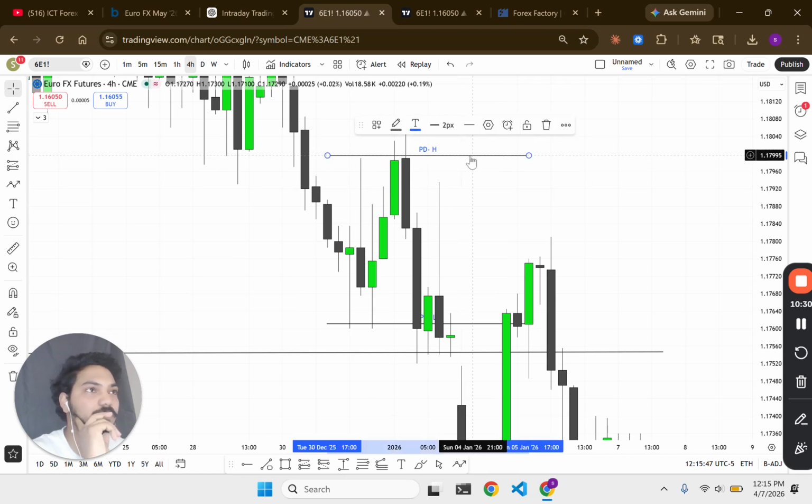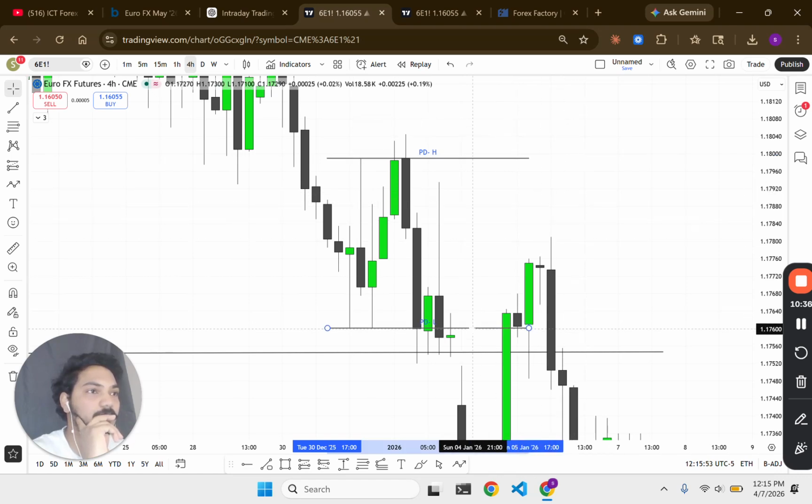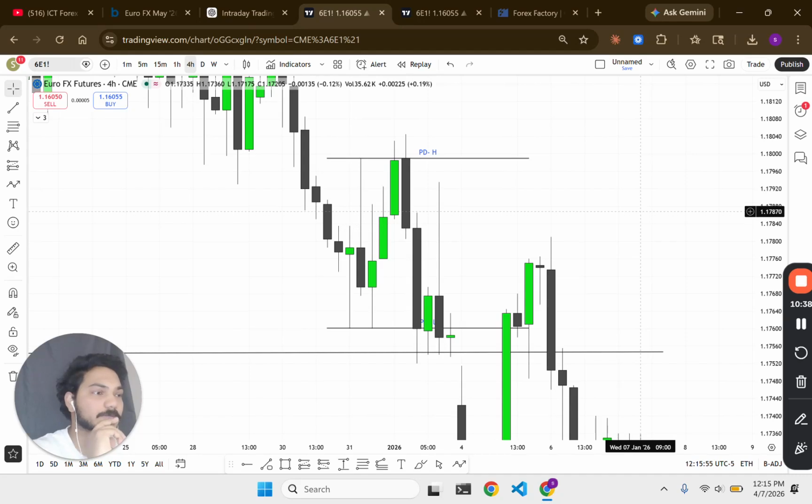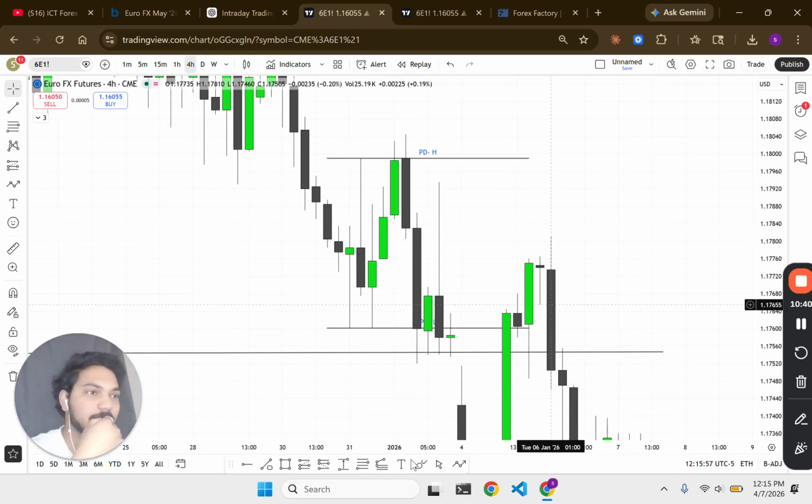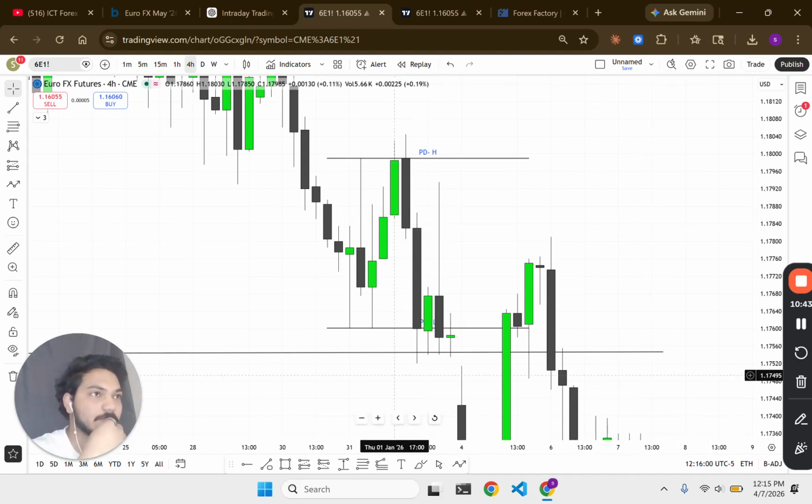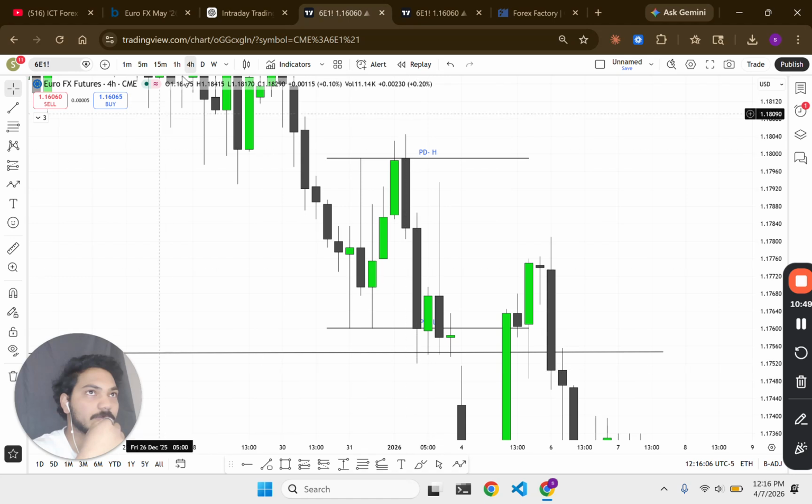So yes, this should be our previous day high, and this is the previous day. Let us be accurate actually. Okay, 2026 and 1st, and Jan 2nd. Hold on.